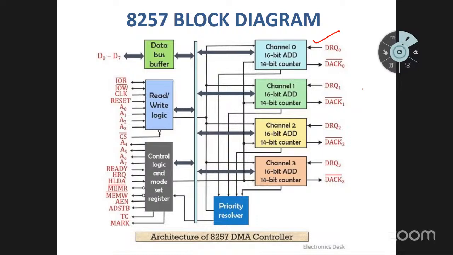What is a DMA request? The external device connected to this DMA controller sends a request: please give me access to the data bus. Based on availability and priority, the DMA controller sends the acknowledgement, if nobody else is using the data bus.